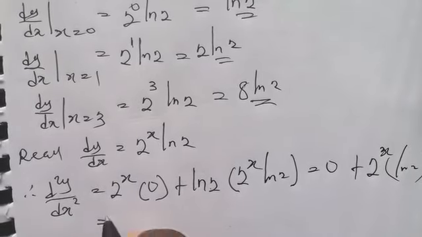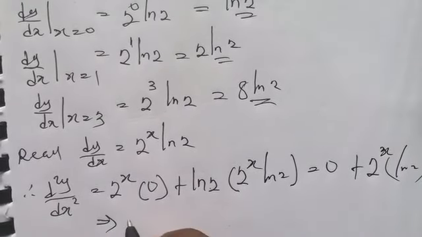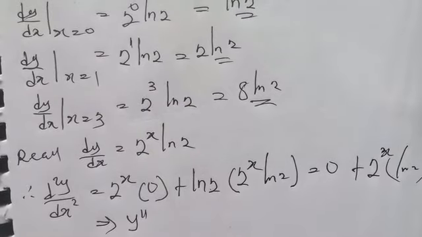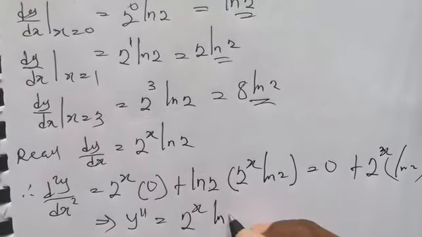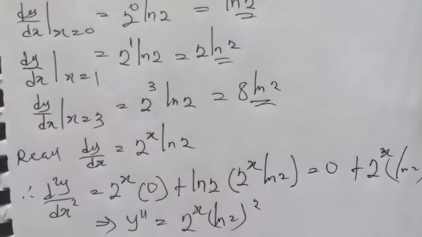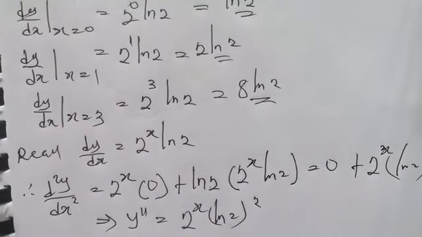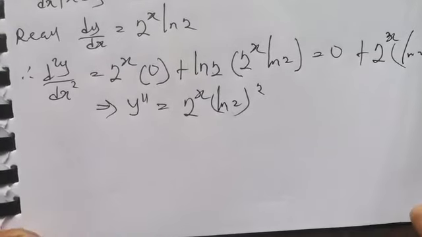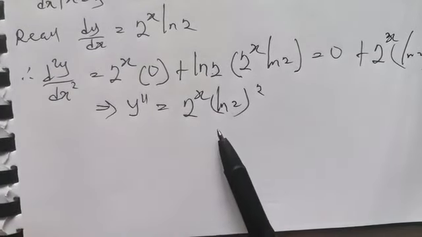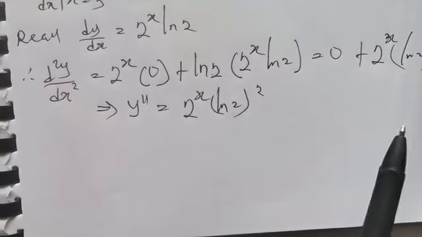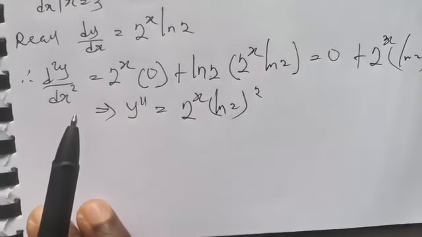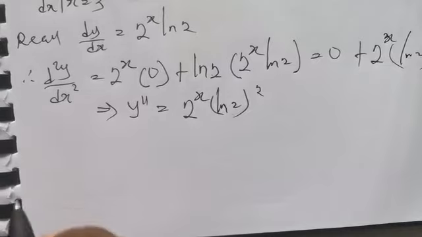So this implies that the double derivative, let's simply use y prime prime for the double derivative, is equal to 2 to the power of x times (ln 2) all squared. Once again, you can expand or find the equivalent value of ln 2 to the power of 2 and write it out instead.